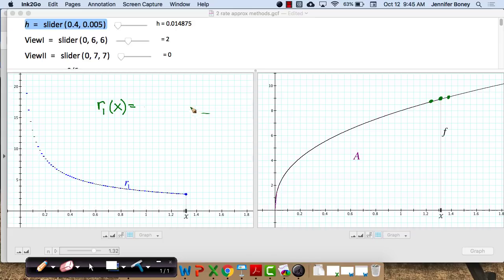But for any x value, whether x is in the middle or the ends, the rate is defined by taking the value at the left and the right, drawing a straight line segment between them, doing the change in y, or the dy, over the change in x, dx, that horizontal part.